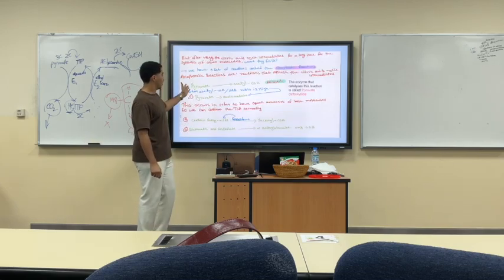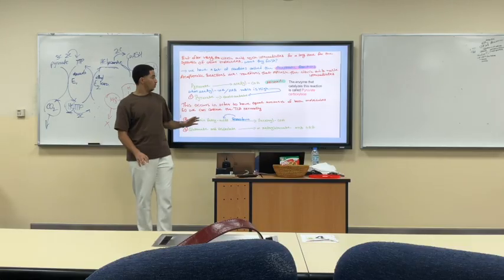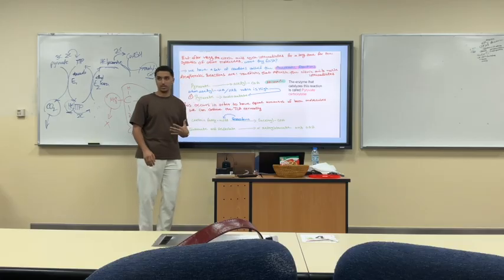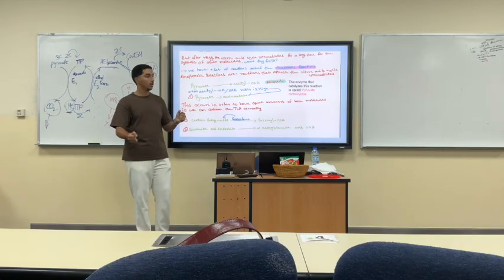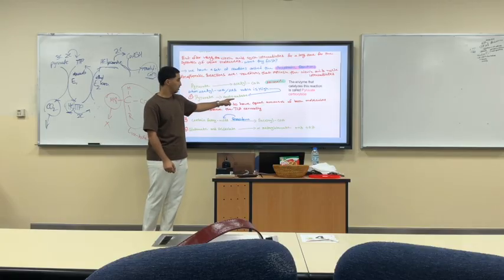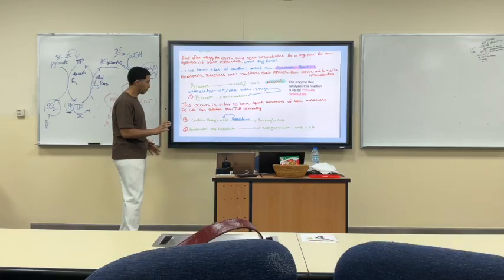Here it is, pyruvate into acetyl-CoA. This is the normal reaction. When the acetyl-CoA to oxaloacetate ratio is high, meaning acetyl-CoA is more than oxaloacetate, we convert the pyruvate into oxaloacetate, and we inhibit this until we have equal amounts.